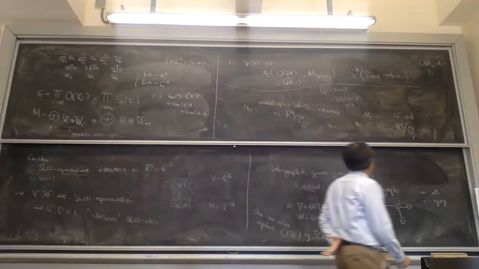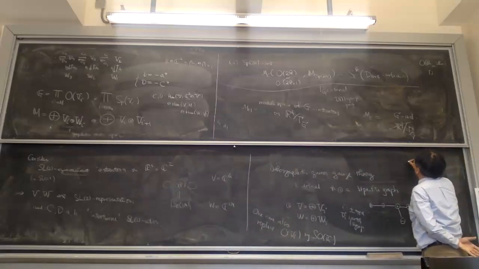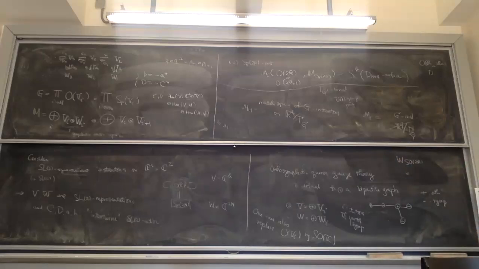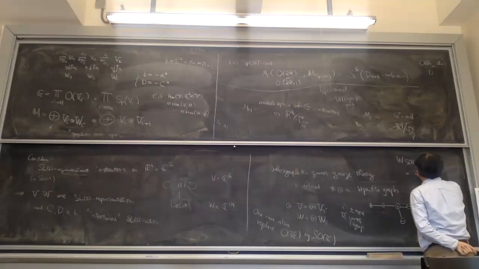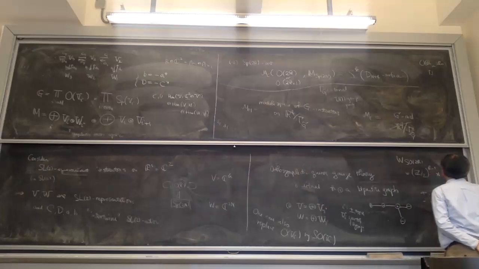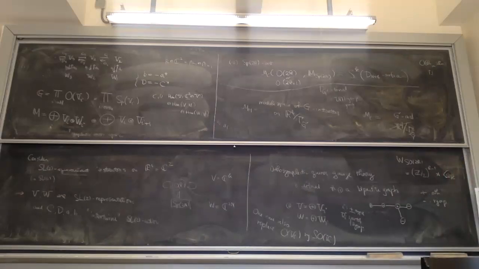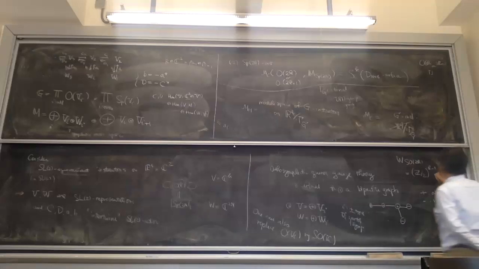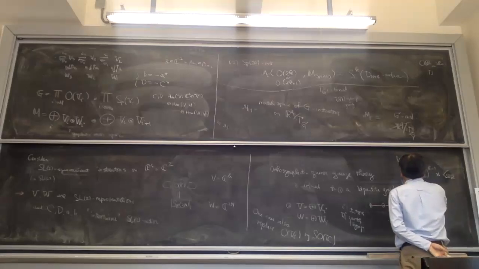Let me see. The point is that the Weyl group of SO(2k) is what? Something like this, k minus 1, and I'm not sure what the convention is for the orthogonal group.